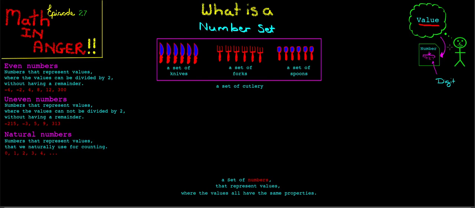You write it down or you speak it. And a digit is the picture we use, the individual pictures we use in order to make numbers. Right? Now we can carry on with what is a number set.